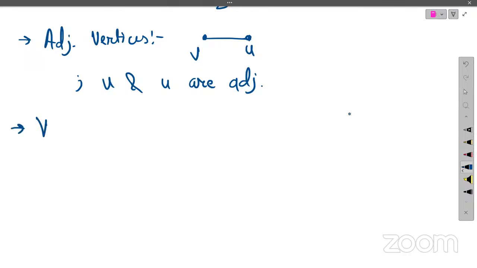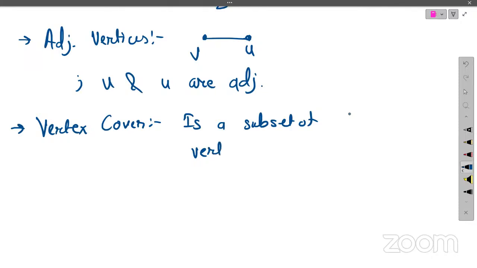Now, what is a vertex cover? A vertex cover is a subset of vertices which will cover all the edges.